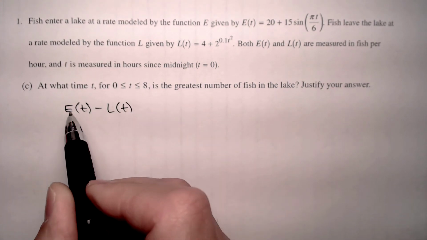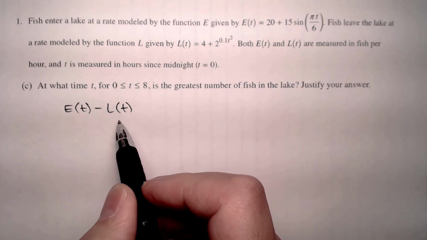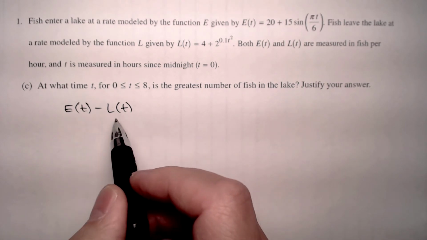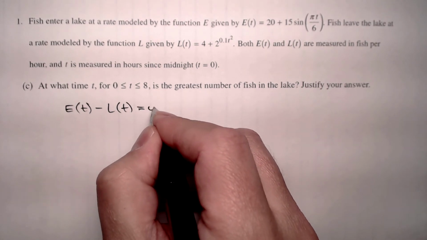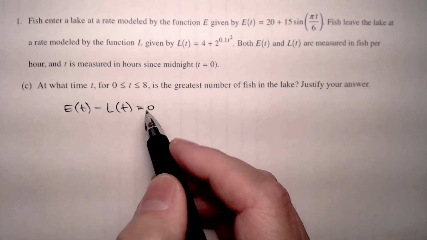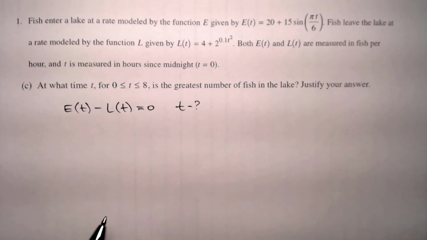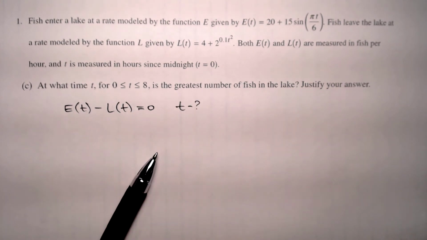This is the rate at which fish enter the lake, and this is the rate at which they leave. At a maximum or a minimum, this should be 0, because these are continuous functions. So we need to find t such that this is the case, and then look at the maximum and minimum there.